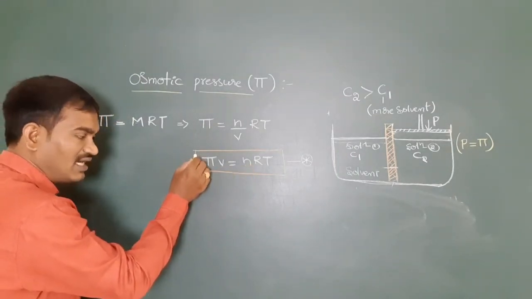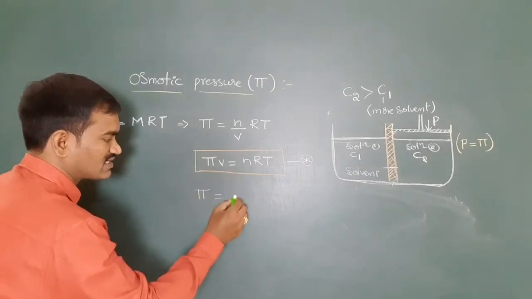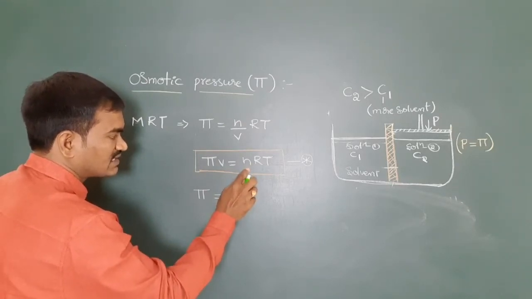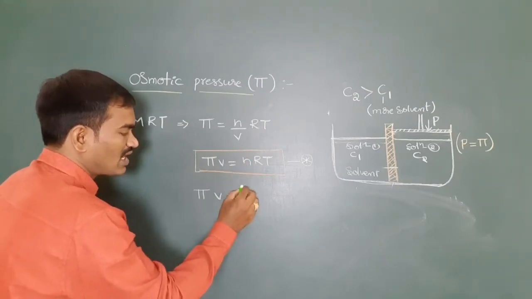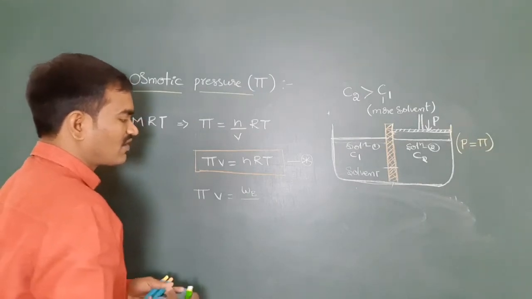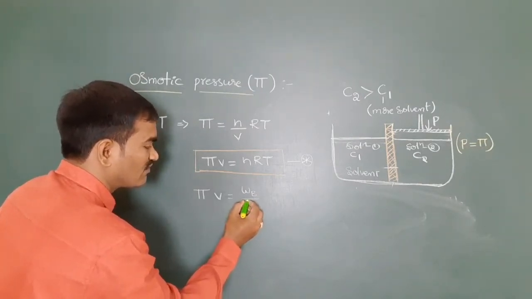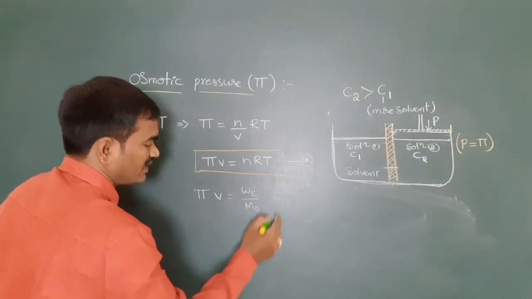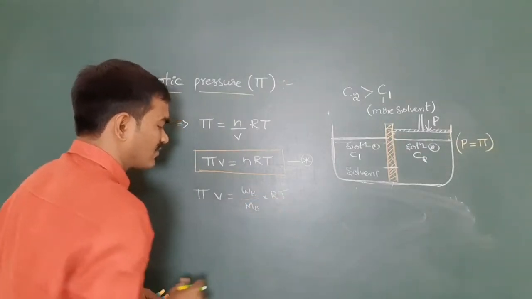This is one formula, and the second expression is pi is equal to, here n is the number of moles of solute, that is weight of solute by gram molecular mass of solute, into RT. Have you got it?